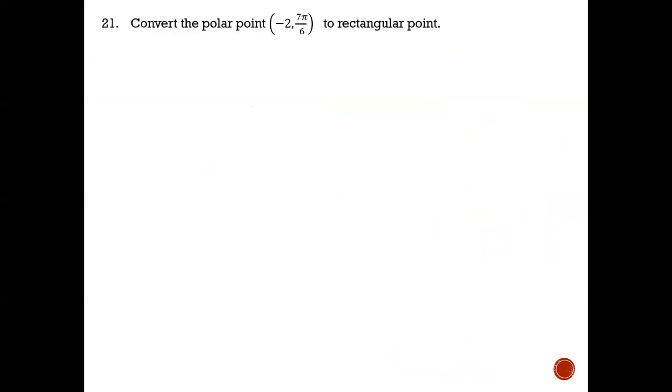All right, let's move on to the conversion of polar to rectangular points. A polar point is given by the radius and the angle. This refers to our x and y.